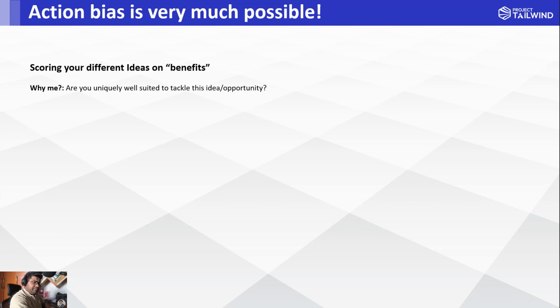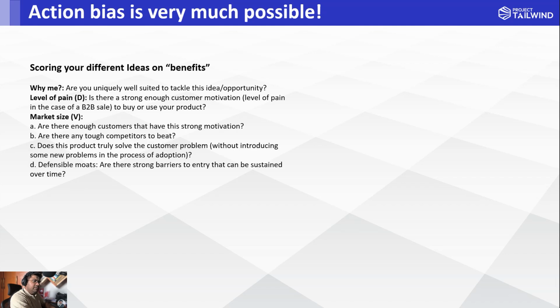If the answer is very strong on this, then you talk to customers and try to understand why this problem exists in the first place, and whether this problem is serious enough, or the customers are motivated enough to solve this problem and buy your product or your solution. So that is the level of pain. The third one is the market evaluation itself.